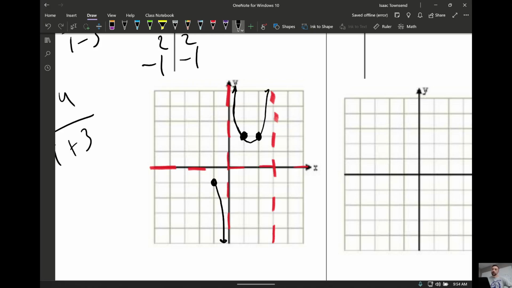And so then it's going up on this side and down on this side. And because it has a horizontal asymptote, I know it's going to approach that on the far left and approach that on the far right. So I defined a couple more points to help me out, but with a few points and knowing how it interacts around those asymptotes, everything kind of falls into place pretty quickly.